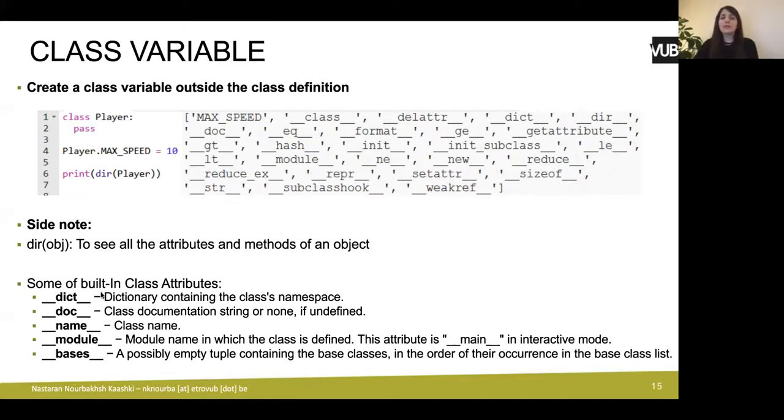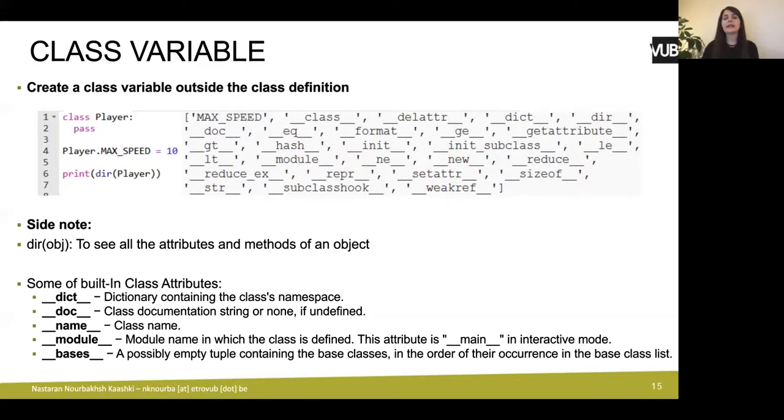And some built-in class attributes are dict, doc, name, module, bases. So doc is just the documentation string, and it is none if it is not defined.